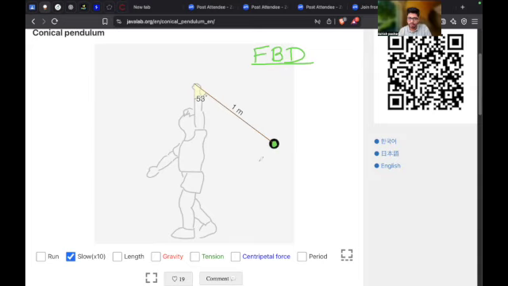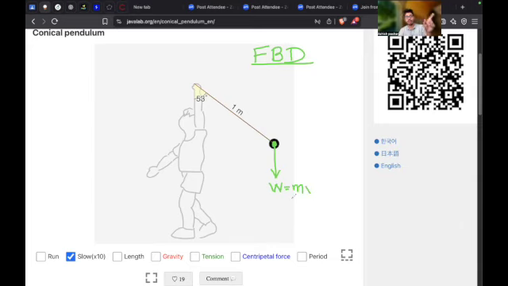So let's try to show all the forces acting on this ball for a moment, but in the question it is an acrobat. There is a vertically downward force, that is the weight of the ball, or we can say the weight is the mg force, mass into g.